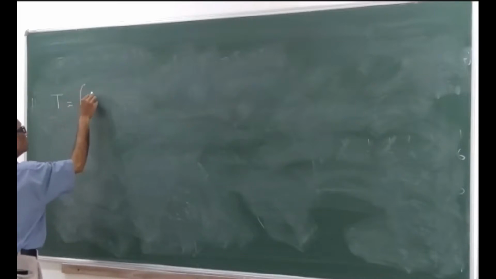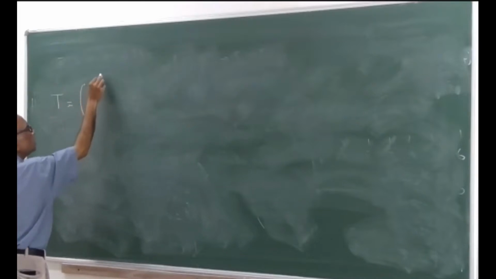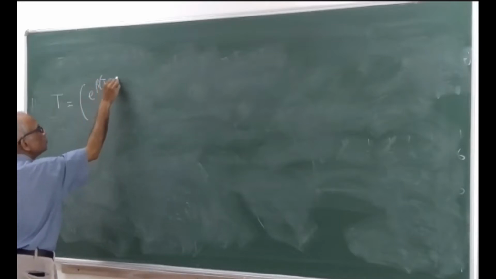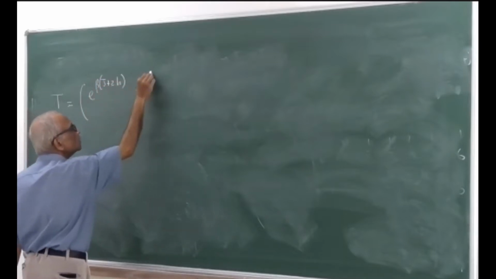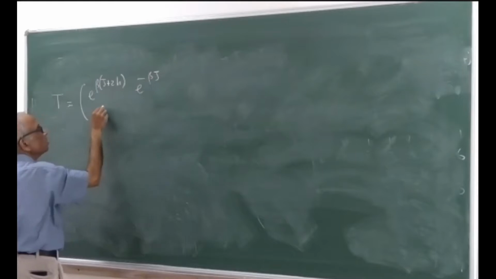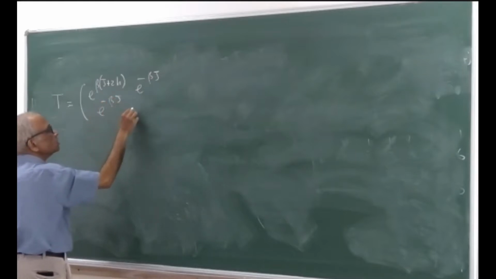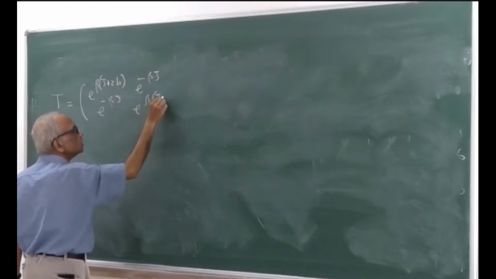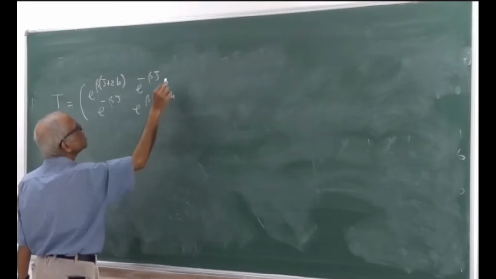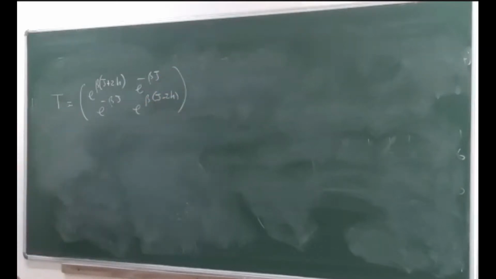We calculated the transfer matrix for the one-dimensional Ising model and found that it is e to the power beta J plus 2h, e to the power minus beta J, e to the power minus beta J, e to the power beta J minus 2h, right?